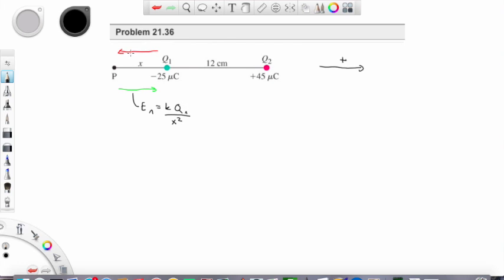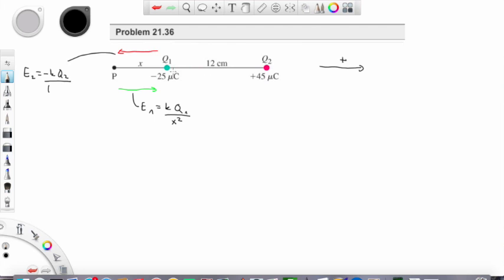In the case of the field produced by the positive charge, we see that it's in the negative direction. So we have E2 equals minus k times the magnitude of the charge divided by the distance between them squared.